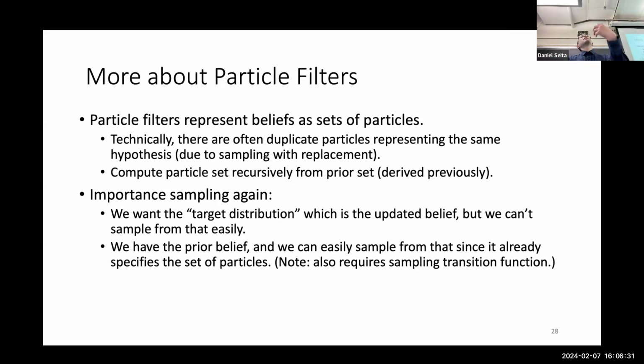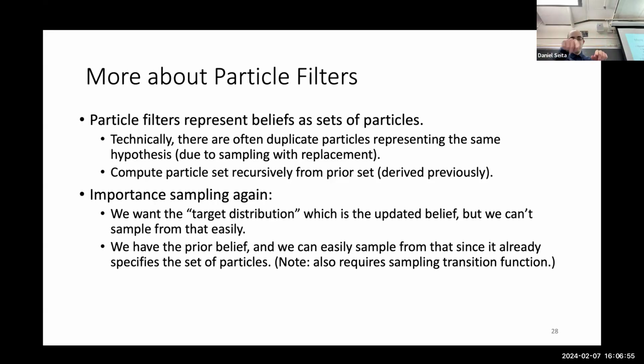Now, the specific use case of importance sampling here is that we have some kind of target distribution, which is what we want, but we can't sample from it easily. And so what I found, when I was first learning about importance sampling, was that I didn't really understand what it meant to be difficult to sample from, or why something is easier to sample from.